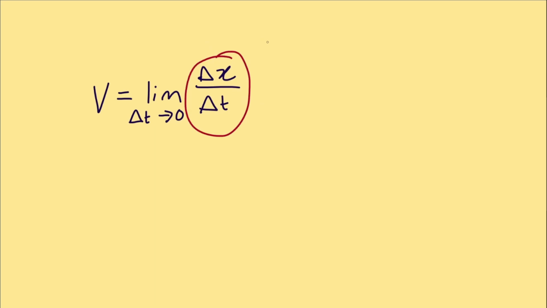Now here's the mathematical definition, or I guess the formula. Your instantaneous velocity is equal to the limit as t approaches 0 of delta x over delta t. Don't panic if you don't know limits yet. I'm going to explain this notation. This just means that you should evaluate this fraction here as t gets closer and closer to 0.